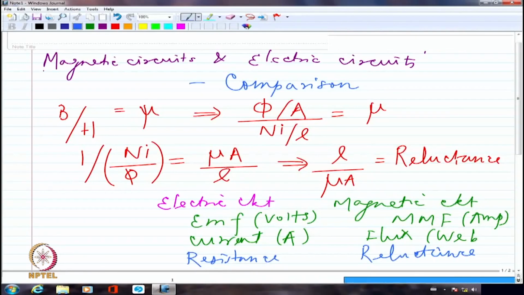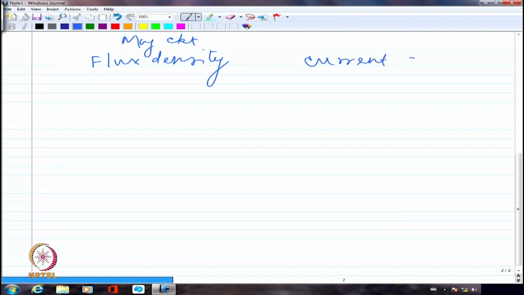And we also said, when we were talking about flux density in the case of a magnetic circuit, that it corresponds to current density in the case of an electrical circuit.